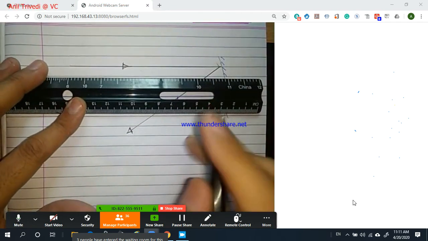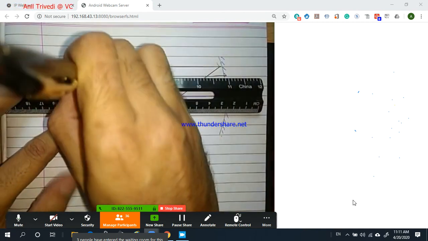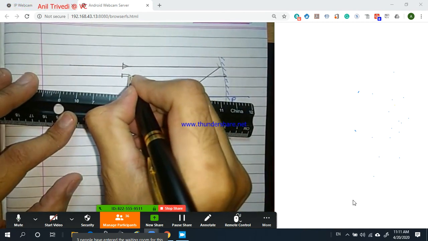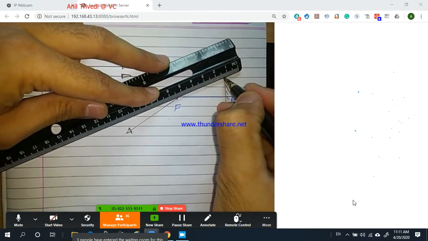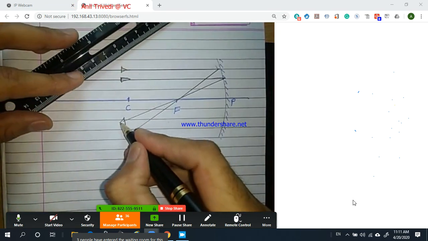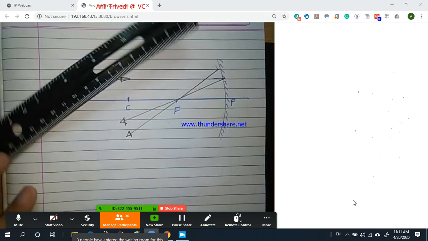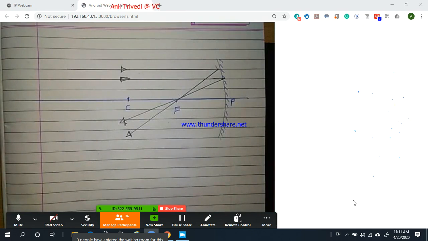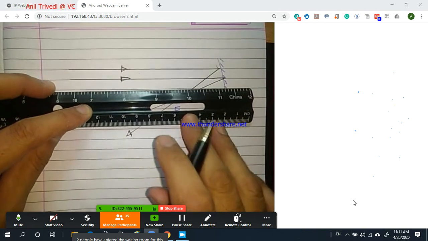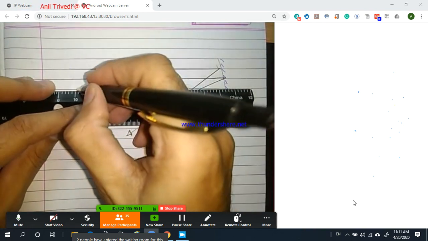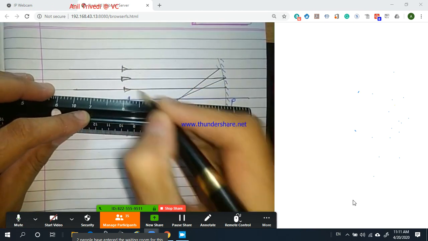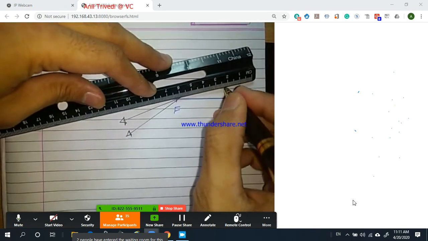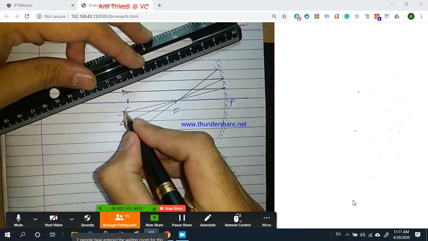Second ray, where will it pass? Through the focus. If I continue in the same way, this is the third ray, parallel to the principal axis, and that will also pass through the focus.